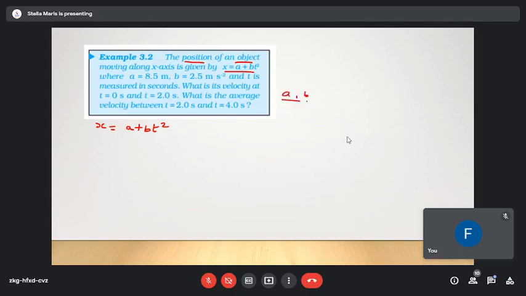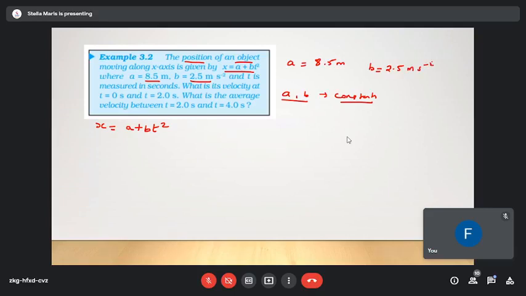They have given values for these constants: a is equal to 8.5 meters and b is equal to 2.5 meter per second squared, and t is measured in seconds.